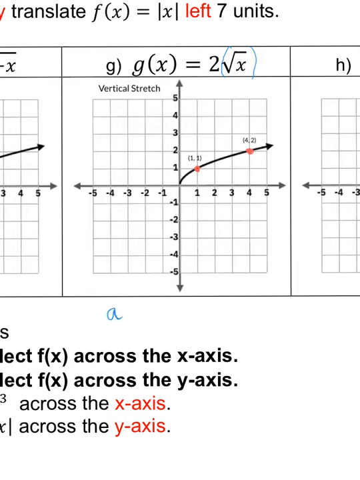that precedes the function. So if you look back at our transformation function, we said that we could have some value a times a function f of x. So our parent function is the square root function, and our a value in this case is 2. What this means is that you're going to be getting a vertical stretch.